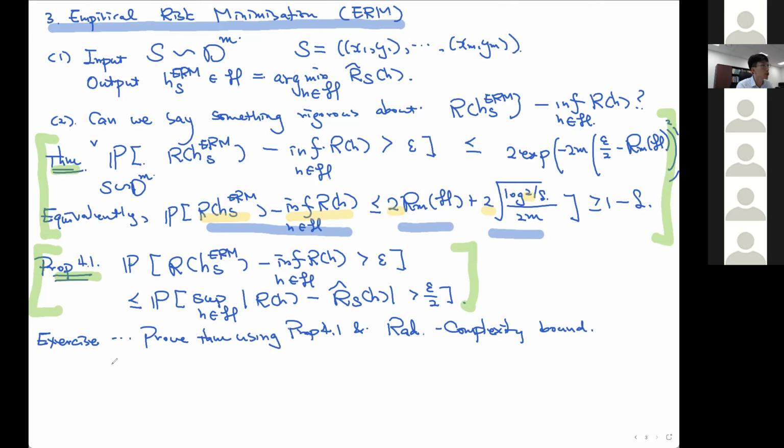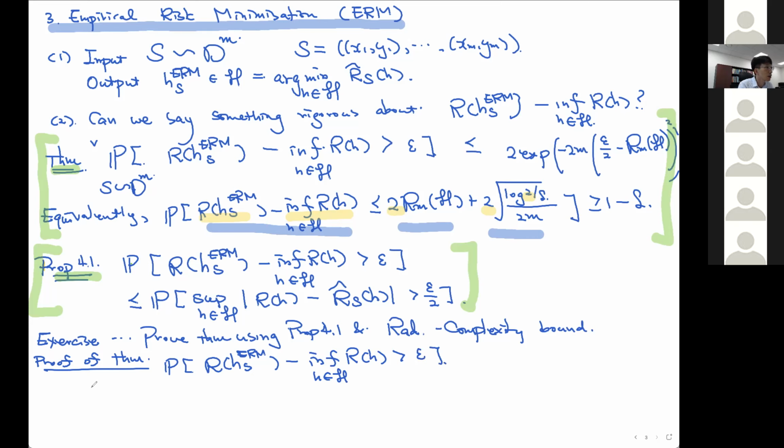Okay, so let me show you how to do this. We first apply proposition 4.1. So the estimation error, the ERM hypothesis minus the infimum, is at least epsilon.